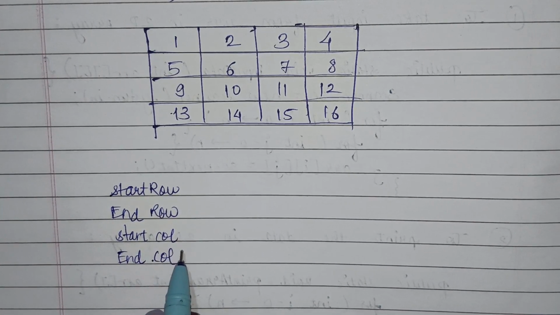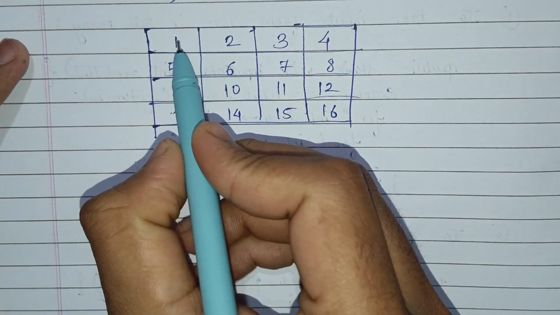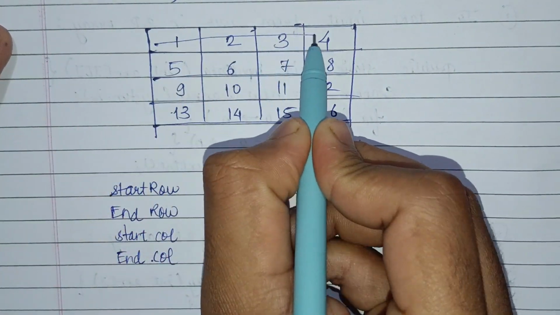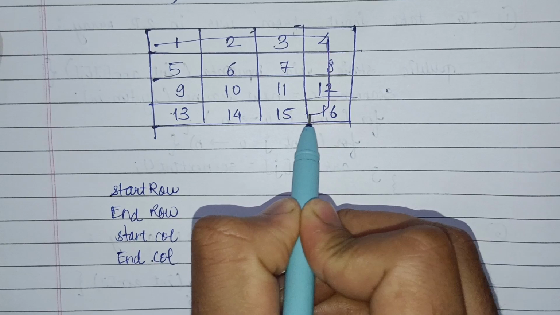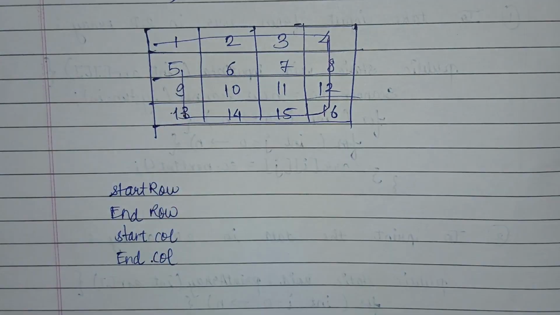So we can use these 4 variables to track our matrix border. We have to track the outermost boundary of the matrix. So this we have to track.